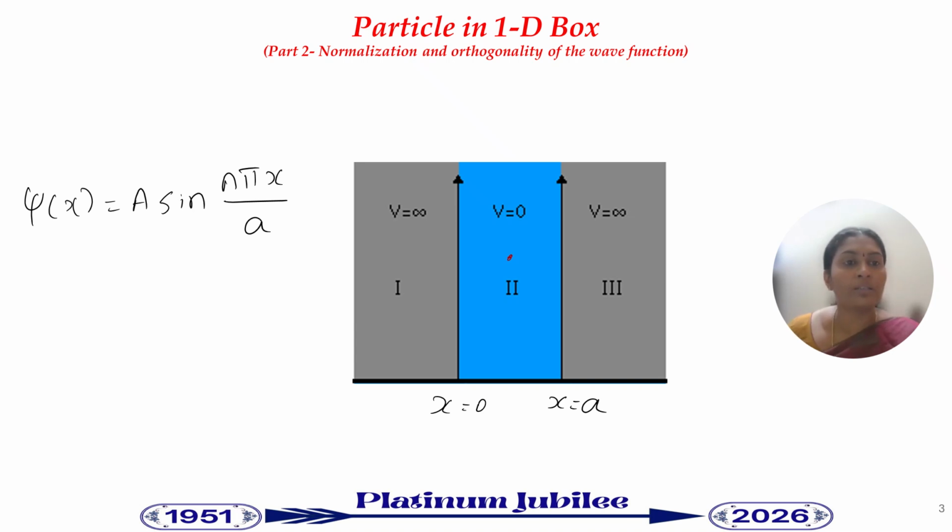This equation is true only when the particle is between the region 0 to a, and the psi of x vanishes for the region when x is less than 0 and when x is greater than a. So for this particular problem, we are just going to see the normalized wave function.